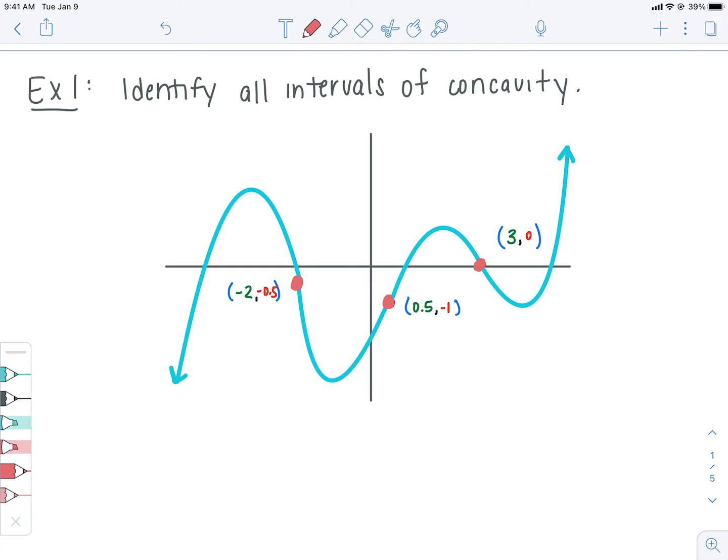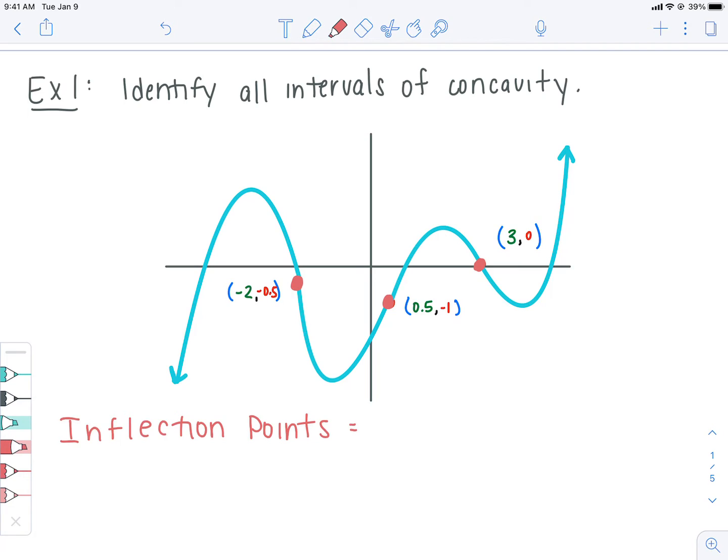So first, I want to know where my inflection points are. And in order to find them, I'm literally just picking the points off of the graph, because we don't know any calculus yet, so we can't actually solve for them.